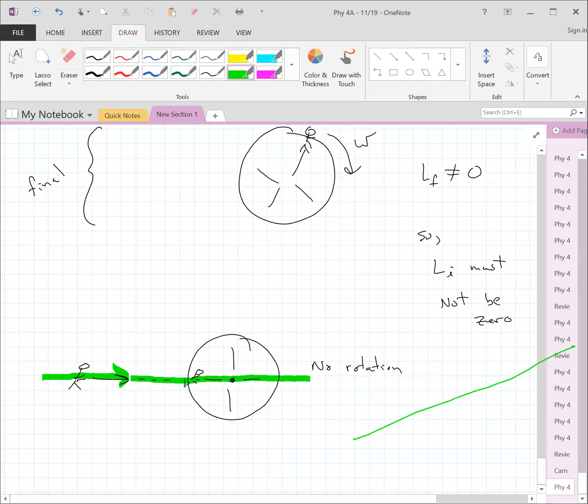When the kid crashed into the merry-go-round, it didn't cause it to start rotating because it was in line with the axis of rotation of the merry-go-round. So in this case, there's no angular momentum afterwards, and there's no angular momentum initially.